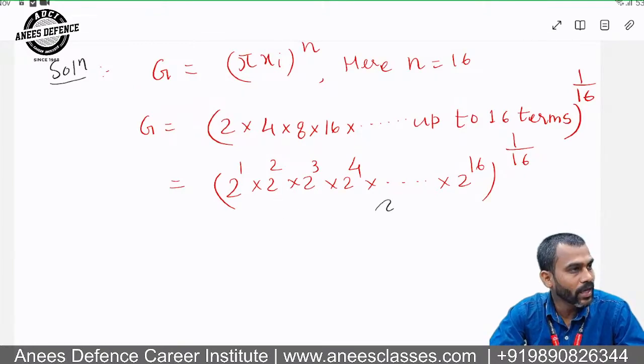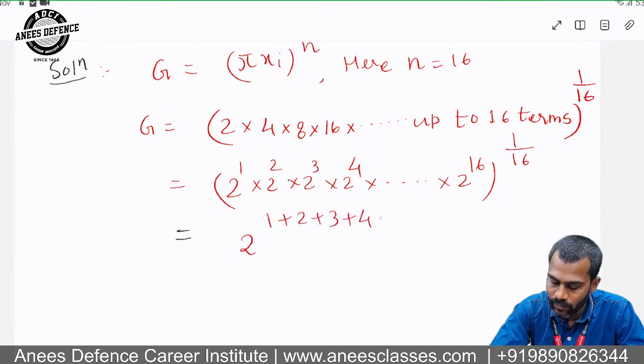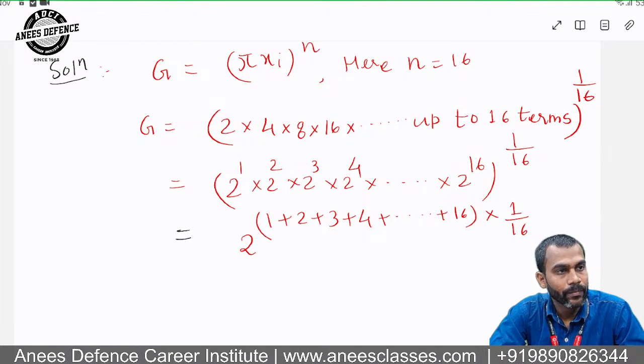Now since the bases are the same, can I add the powers? So I can write 2 to the power 1 plus 2 plus 3 plus 4 till 16, multiplied by 1 by 16. Why?